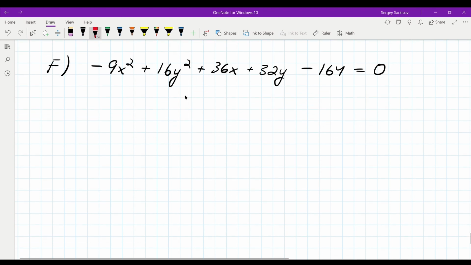Take away a negative 9, right? That's going to be x squared minus 4x. And the next part is plus 16, y squared and y, that's just y squared plus 2y, right? And equals 164.